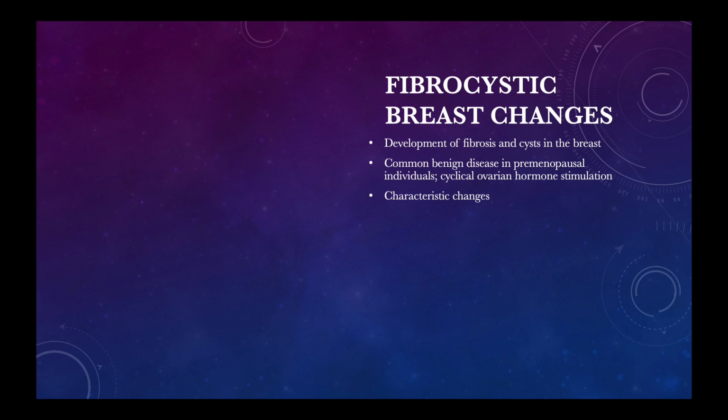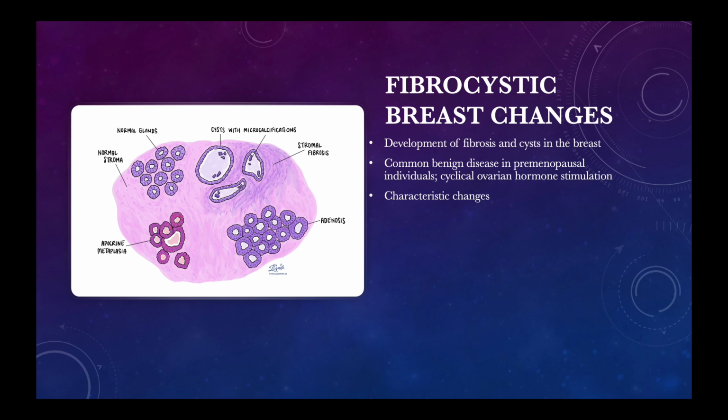There are some specific characteristic changes which arise in the breast, which I'm going to show you here. Here you have the normal breast tissue with the normal ducts or glands, and then the stromal epithelium, or the connective tissue. The three main characteristic changes in fibrocystic changes are the cystic dilatations with presence of microcalcifications.